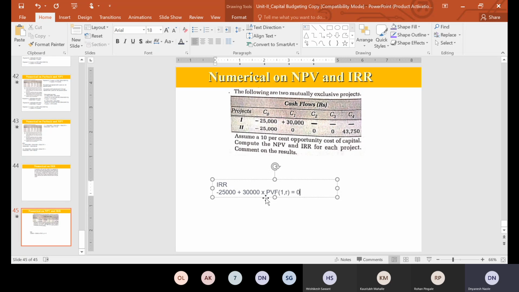So this means present value factor in the bracket 1, R is equal to 30,000 divided by 25,000. So that is 1.2. Okay.